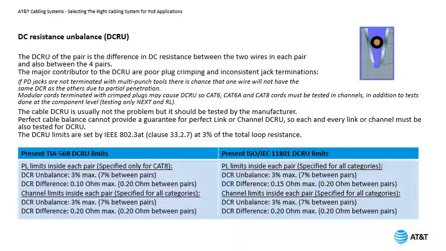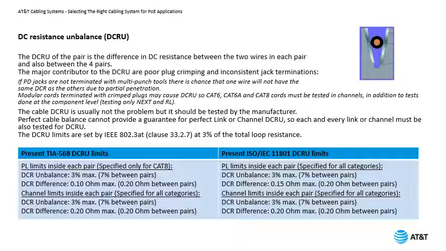But let us look at the major contributor to DC resistance imbalance, which is poor plug crimping and inconsistent jack termination. For example, you can see in the top right figure the way of terminating the copper conductor into the IDC.